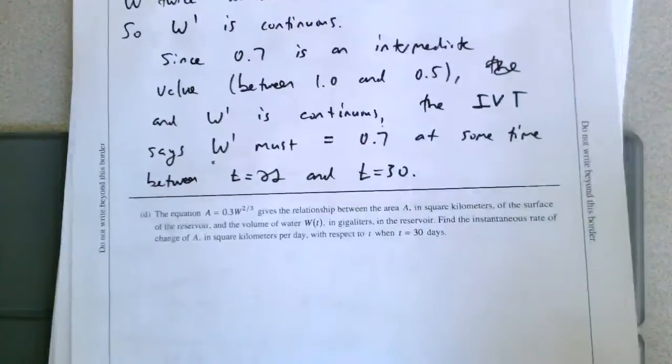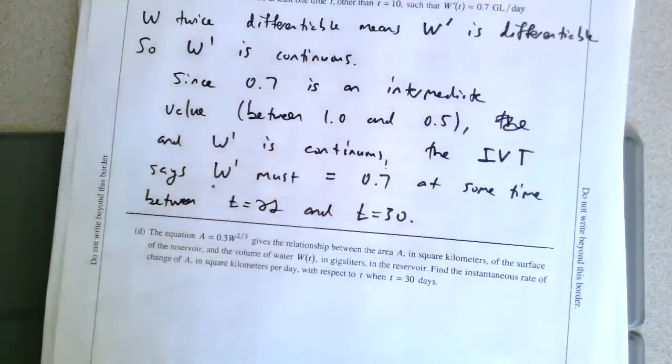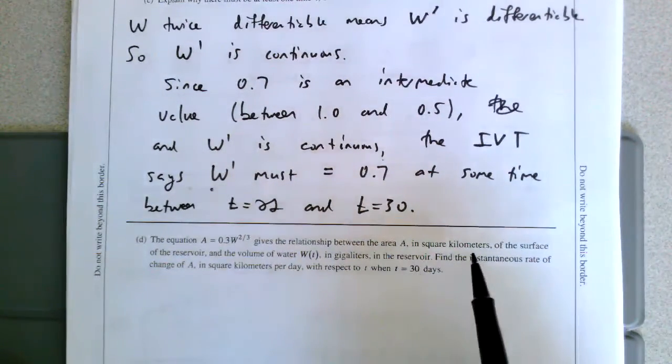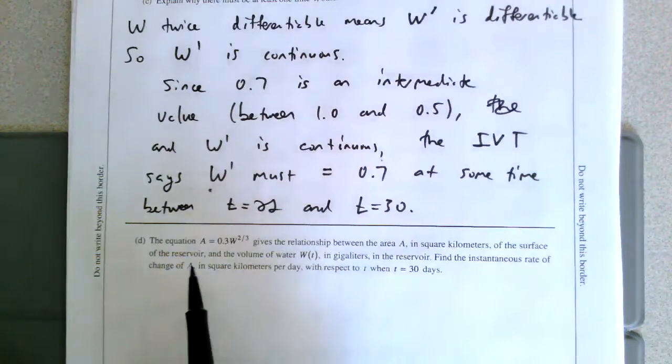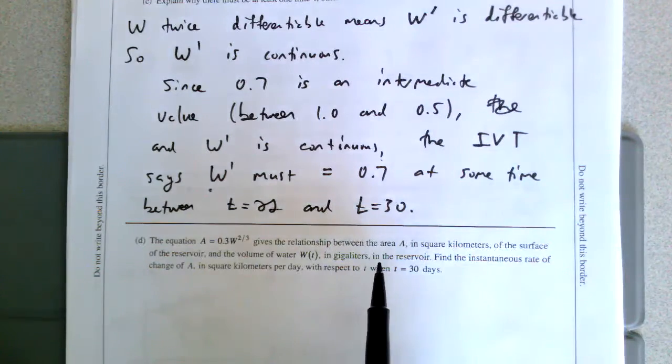Finally, let's look at D. It says the equation A equals 0.3 W to the 2/3 gives the relationship between the area A in square kilometers of the surface of the reservoir and the volume of water W in gigaliters in the reservoir.